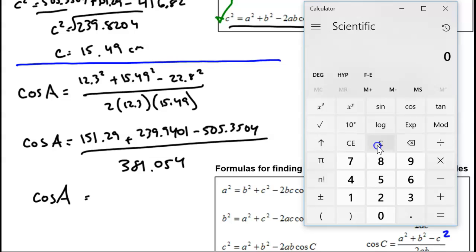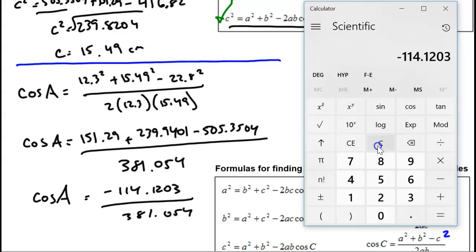Cosine A: 151.29 plus 239.9401 minus 505.3504 gives me negative 114.1203 over 381.054.